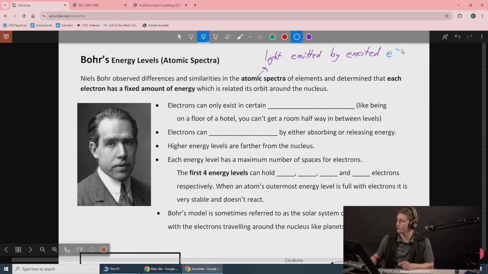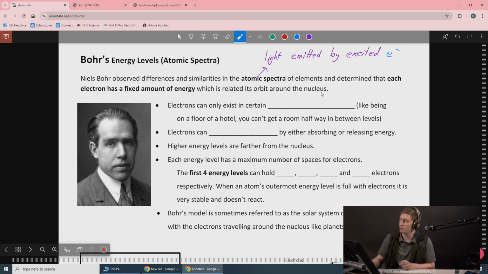That's an oversimplification a little bit, but Bohr observed that the same atoms would have the same wavelengths of light emitted if you excited the electrons, and he determined that each electron has a fixed amount of energy which is related to how close it is to the nucleus, its orbit around the nucleus.